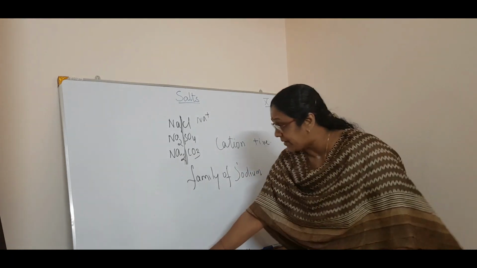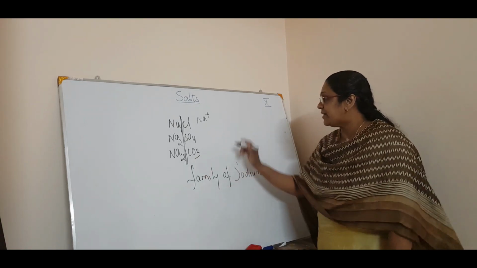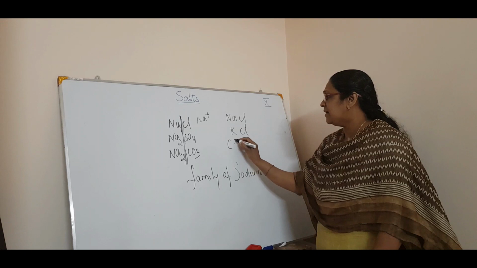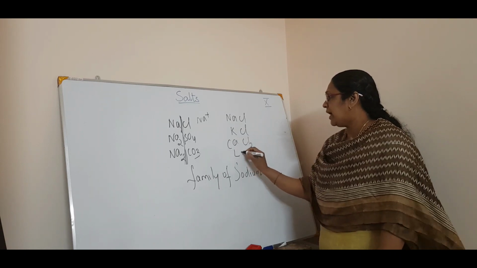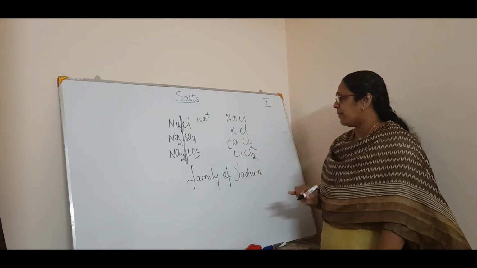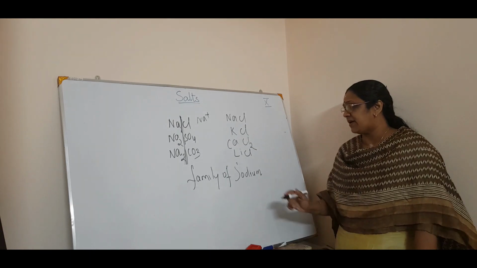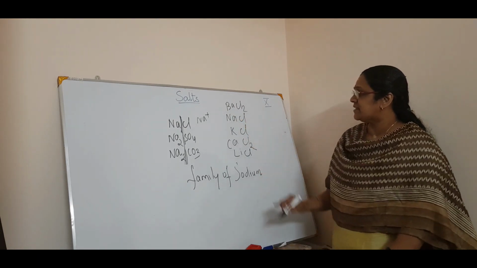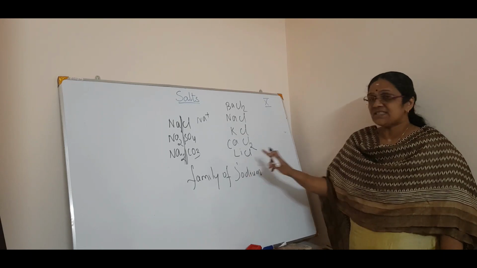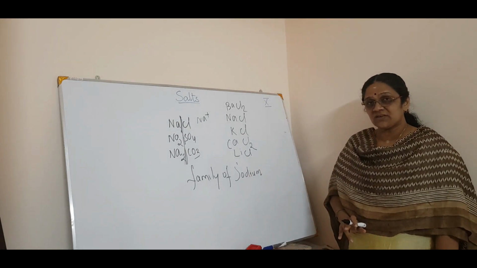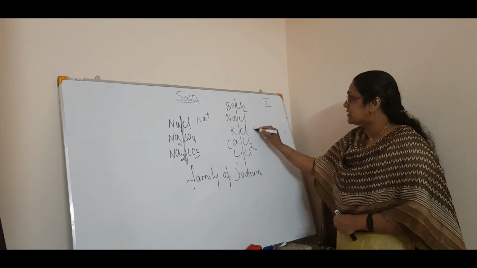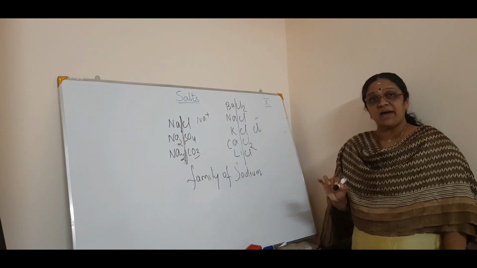One more example. If I say NaCl, KCl, CaCl2, LiCl, BaCl2, in this, which is the common ion? That is Cl. See, all these salts contain the common Cl minus ion.